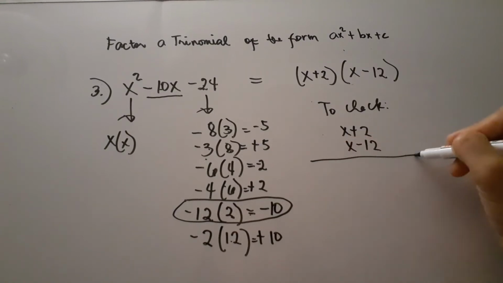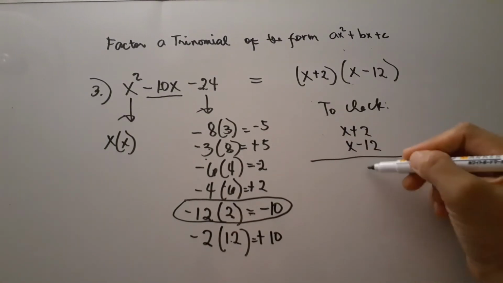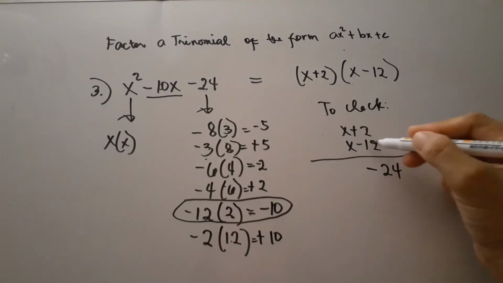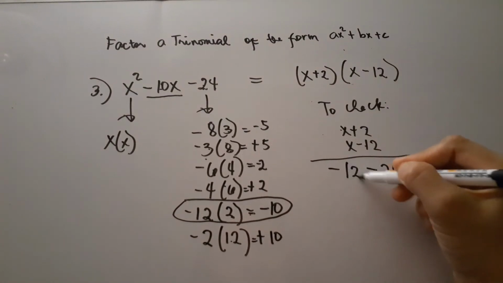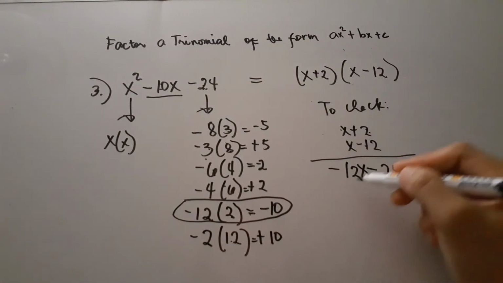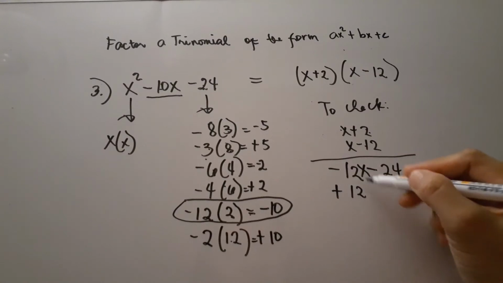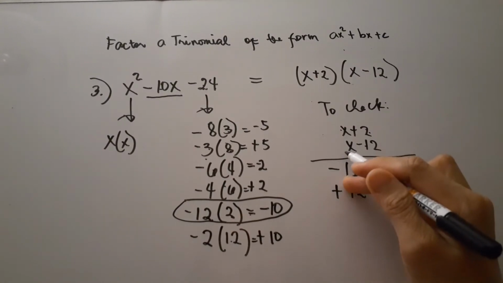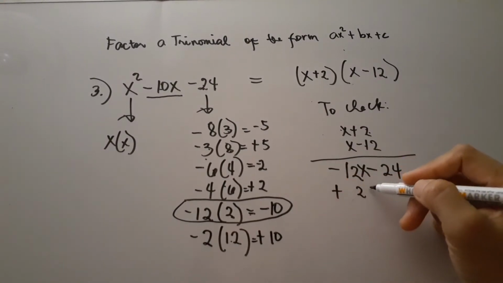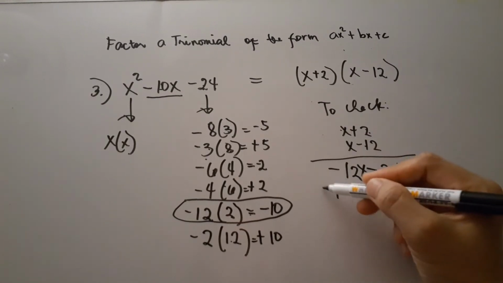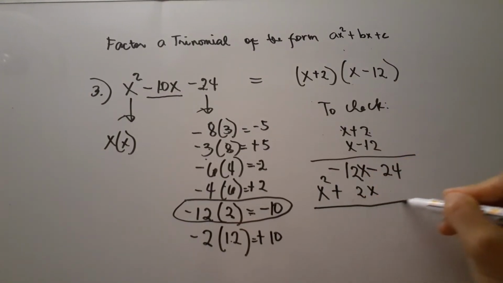Then x times negative 12 is negative 12x, then 2 times x becomes positive 2x, and x times x becomes x squared.